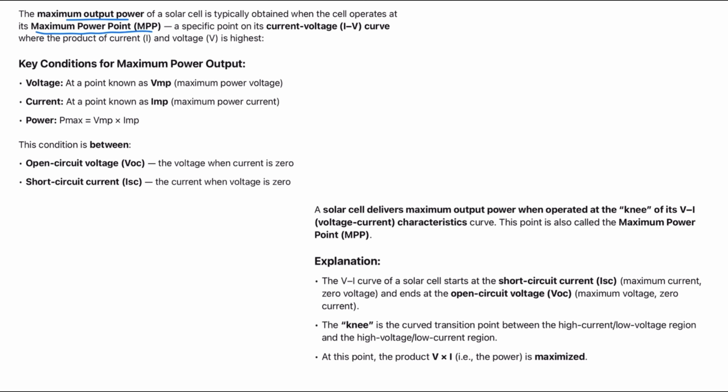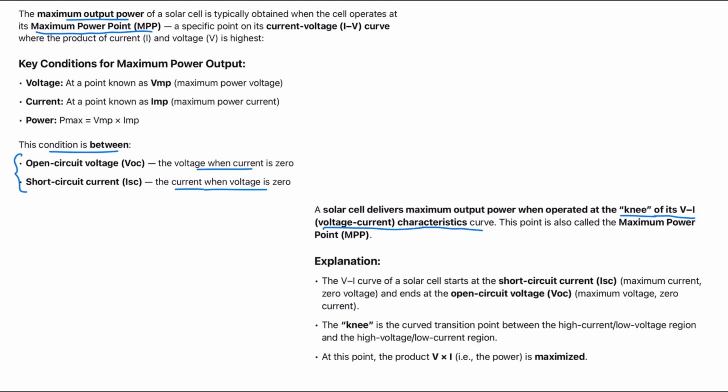This maximum power point is also called the knee point of its VI characteristics. This knee point condition, or maximum power point condition, exists in between open circuit voltage, where voltage is maximum and current is 0, and short circuit current, where current exists and the voltage is 0.